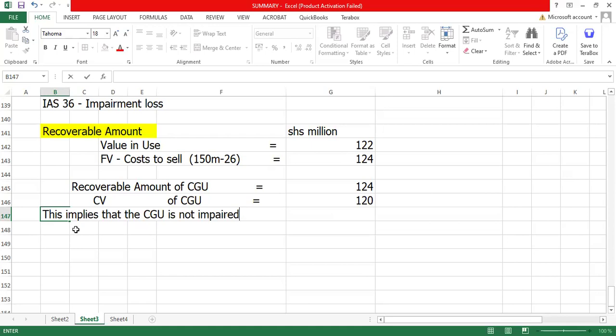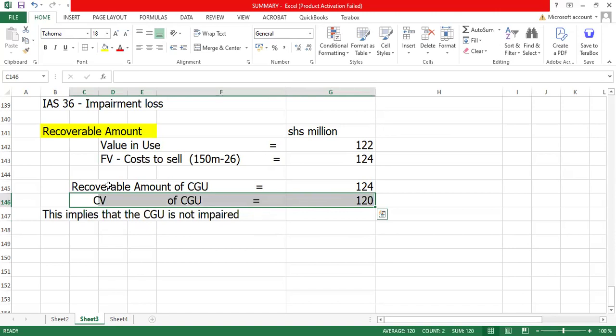In your balance sheet, you can record the recoverable amount if the amount is below the carrying value.